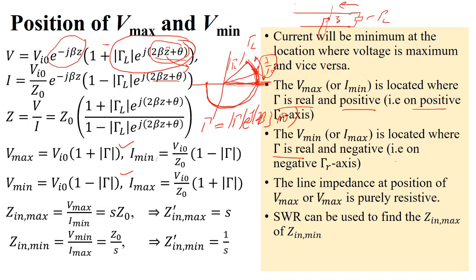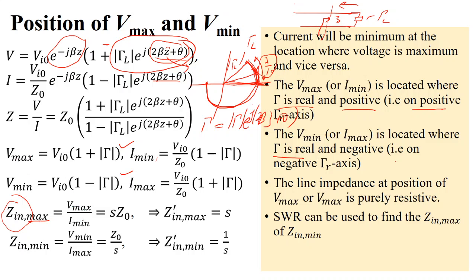So you will get the Z in maximum here, the input impedance or the line impedance where the voltage is maximum.